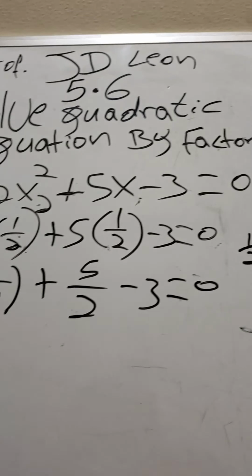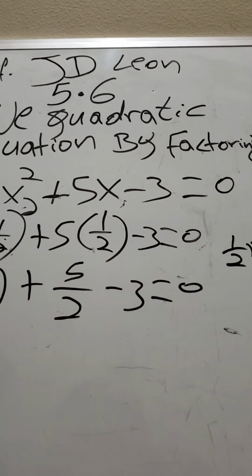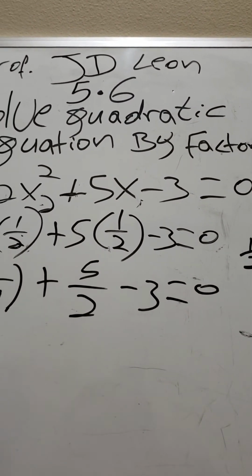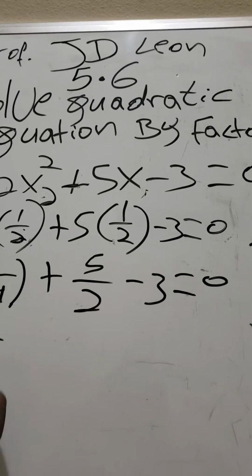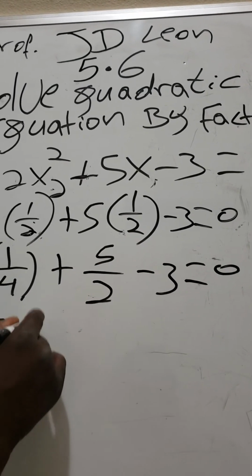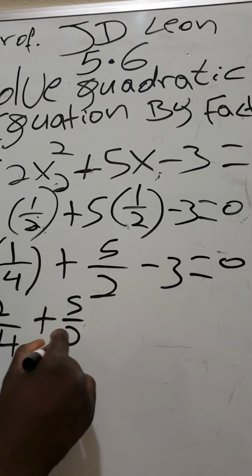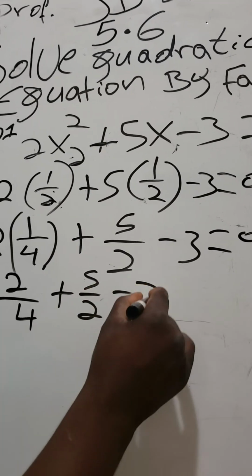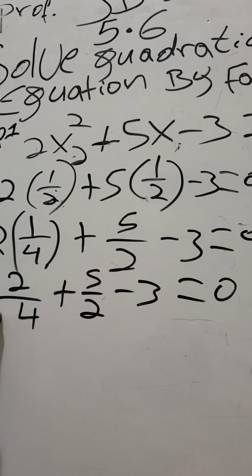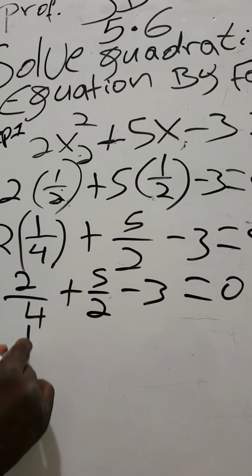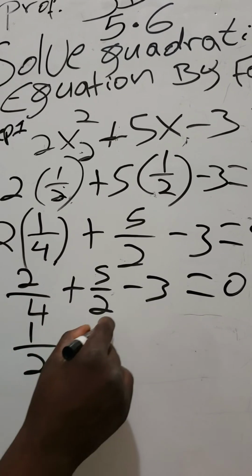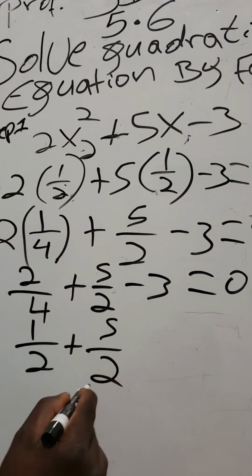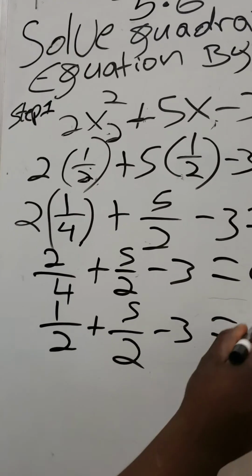Well, 2 times 1 is 2 over 4, and then plus 5 over 2. One thing you may see is that you can simplify this. It becomes 1/2 plus 5 over 2 minus 3 equals 0.